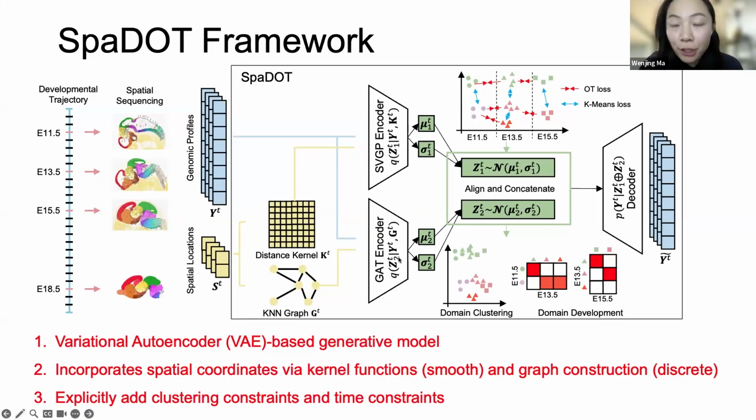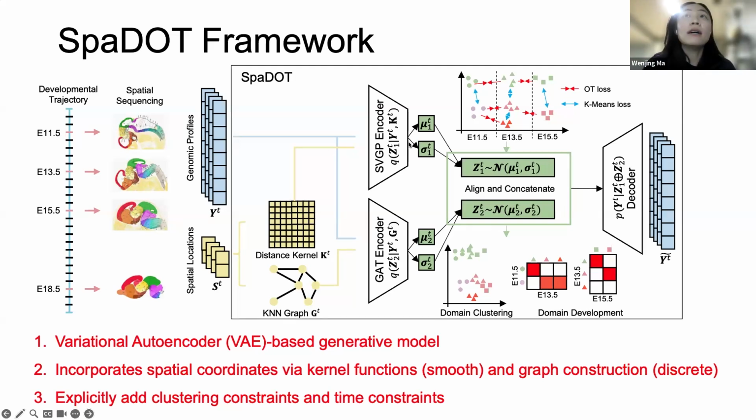Yeah, thank you so much for the question. Yes, your understanding is correct. So I will try to explain it one by one. For the distance kernel and the graph, we are actually using 2 different frameworks. One is for the distance kernel, which I'm giving to the SVGP encoder. And for the genome profiles, we just vectorize them for each sample or each spot, I would say. Maybe spot is a more accurate word for that.